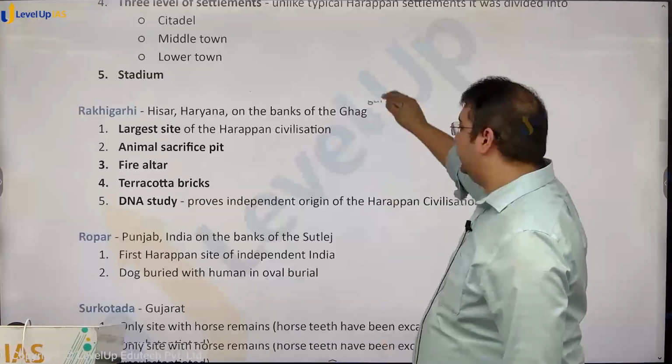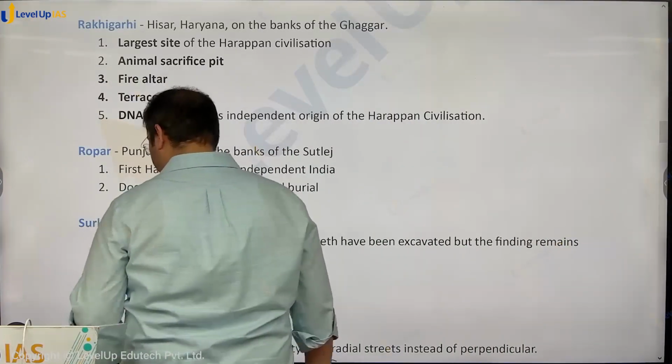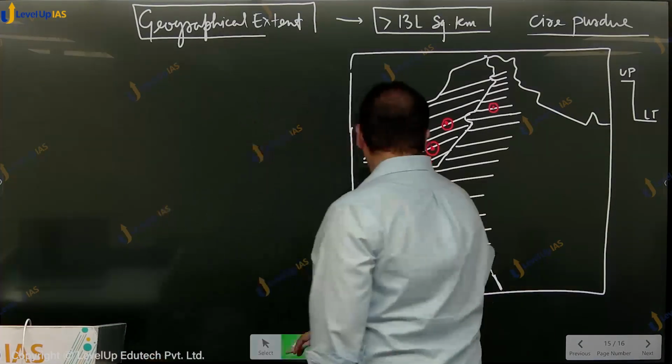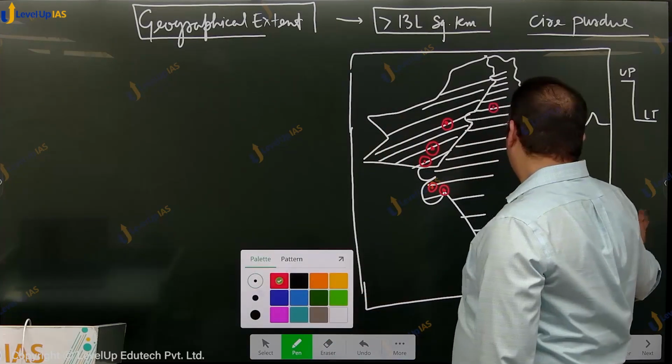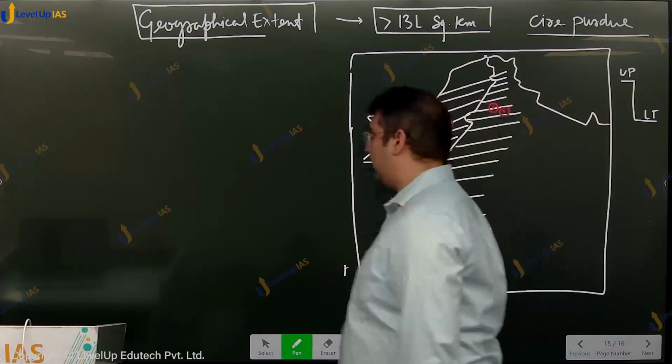Next important site is Rakhi Gadi. कहाँ पे located है? In the Hisar district of Haryana.